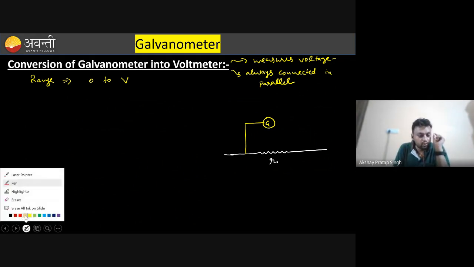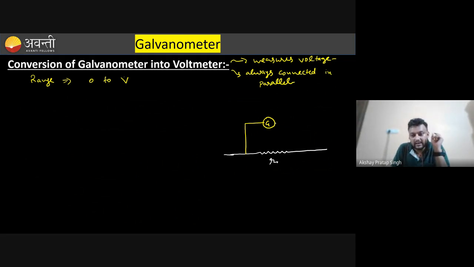Now to convert it into a voltmeter, I will connect a very high resistance in series with it. G is our galvanometer. R is very high resistance. Shunt was very small, this resistance is very high.